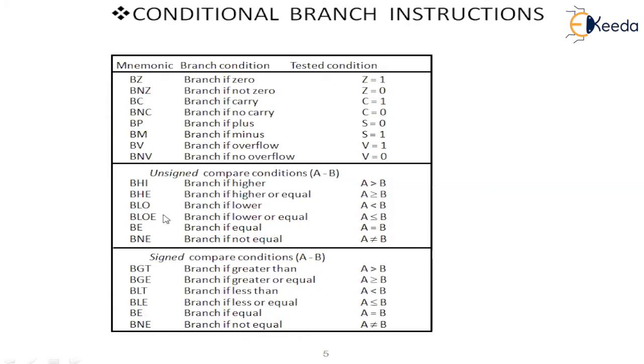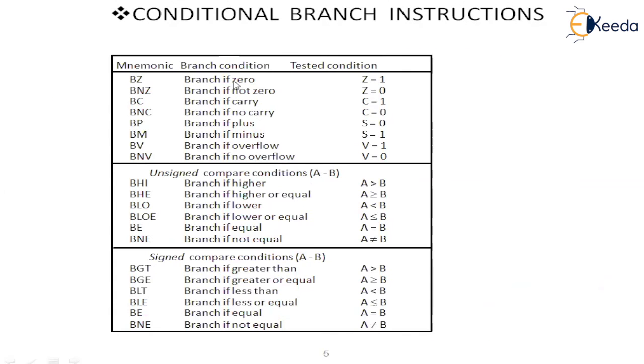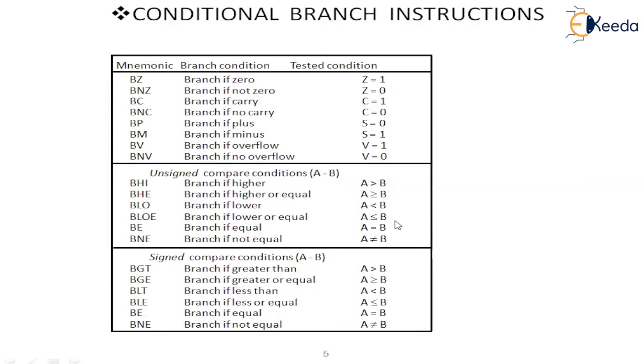Every time any of these instructions gets executed, if the condition is successful, then we are going to take a branch to 450. If any of these conditions are not successful, then we will go to the next instruction. The branch will not be taken.